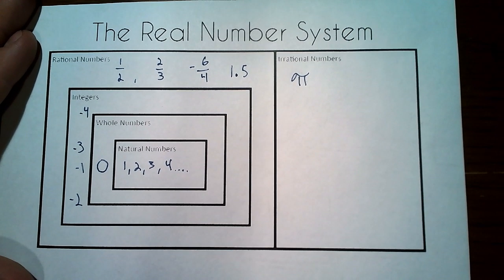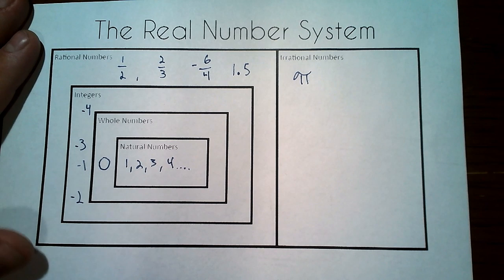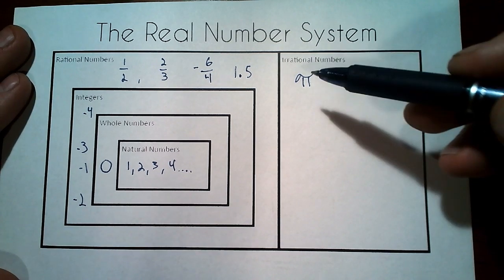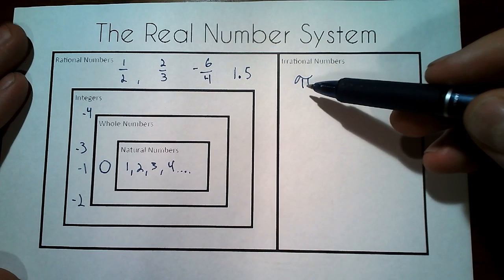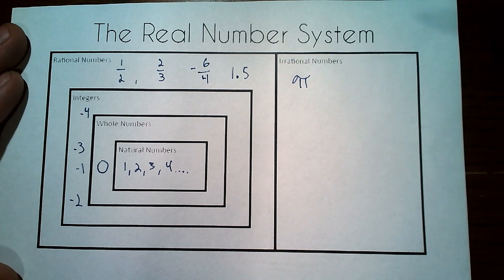There's no specific number for pi. It's 3.14159 and it keeps going. But we don't have a specific number for it, so we represent it as a symbol, a variable, and it's called irrational because we can't represent it as a fraction.